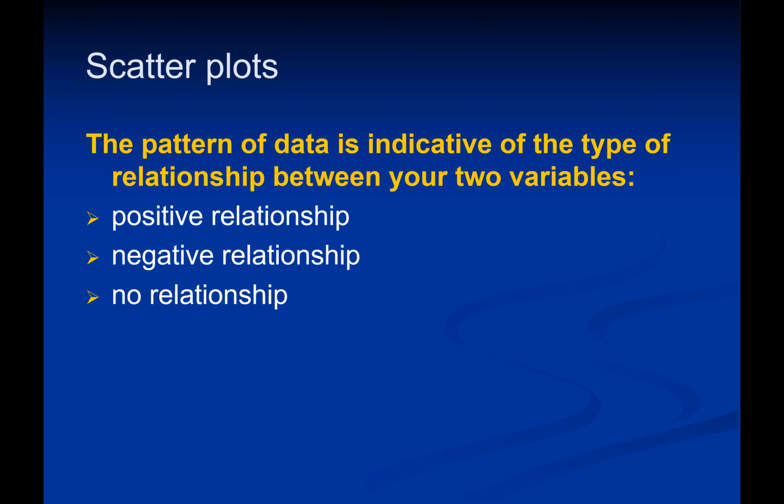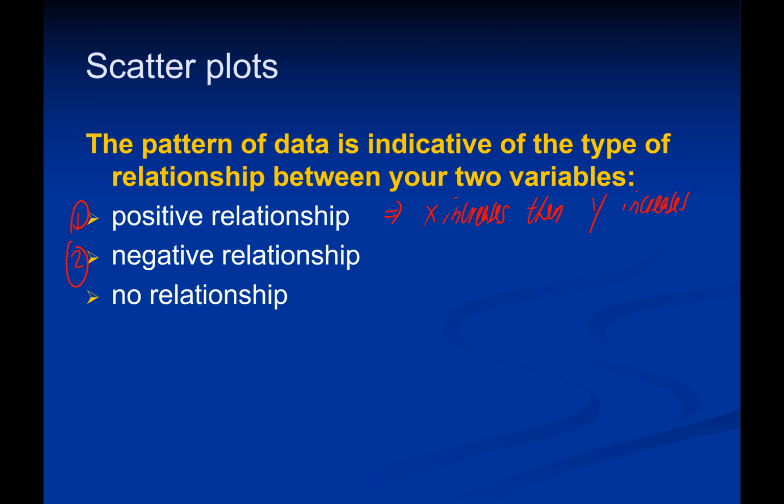So a scatterplot gives us a pattern of data and typically indicates three types of relationship. The first one is a positive relationship, meaning as x increases, y increases. So x and y move in the same direction.